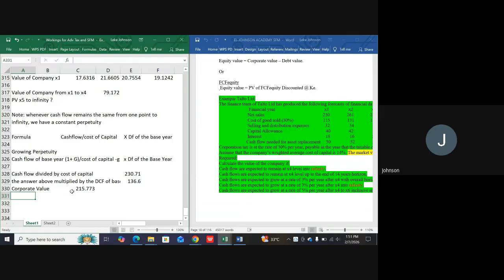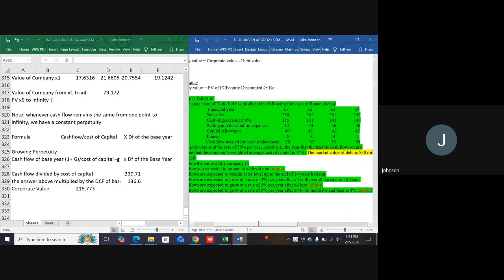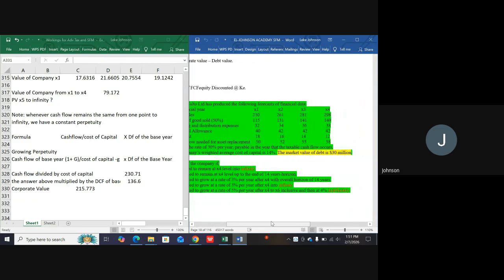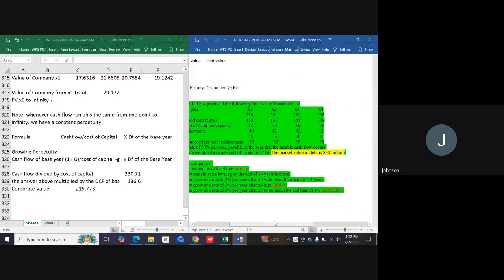Then the next thing we want to do is that since we have gotten the total value of the business, in the question they gave us the value of debt. The market value of debt is actually 30.